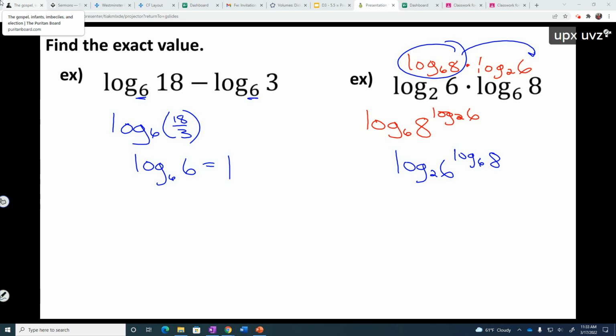And then so what happens here, we got 6 to the log 6, so those cancel. And we're left with then log 2 still, so we got that log 2 of 8. You might think, well, I don't know what that is, with log 2 of 8. But think back to the log properties. You remember what that is?